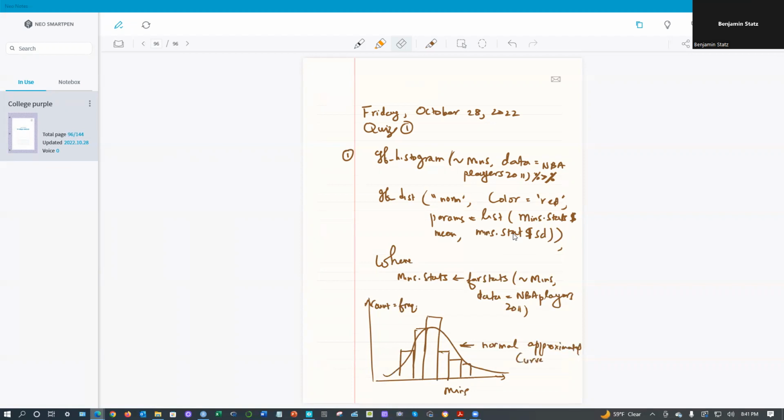And the center is nothing but you go to min stat and get the mean. How about the spread? The spread is nothing but you go to min stat and get the standard deviation.